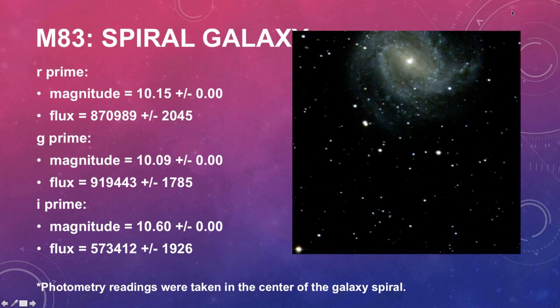So this is M83, taken from the Prompt SSO2 telescope, in R prime, G prime, and I prime. And with the photometry tool, I just looked at the center of the spiral galaxy in each of those images to compare the magnitude and the flux. And the image we're seeing over to the side is just the RGB image I made in the Astro program.